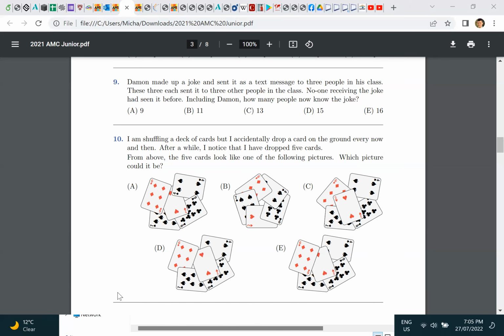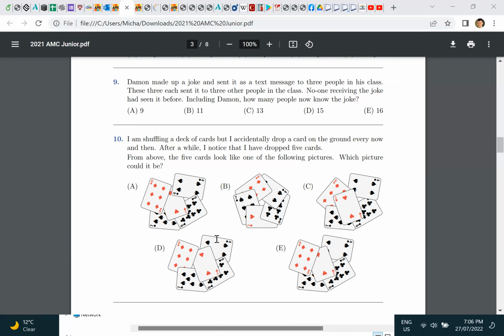It's better to be sure than. I think it's 16. How do you get 16?